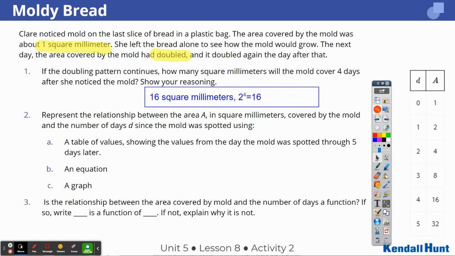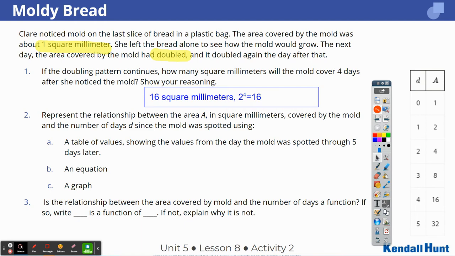So we need the first 5 days that we have after we saw the mold. So the first day was 0, the initial day, and there was 1 square millimeter. Then it doubled to 2, doubled again and got 4, doubled again and got 8, doubled again you get 16, or we could just take 2 and raise it to that power.